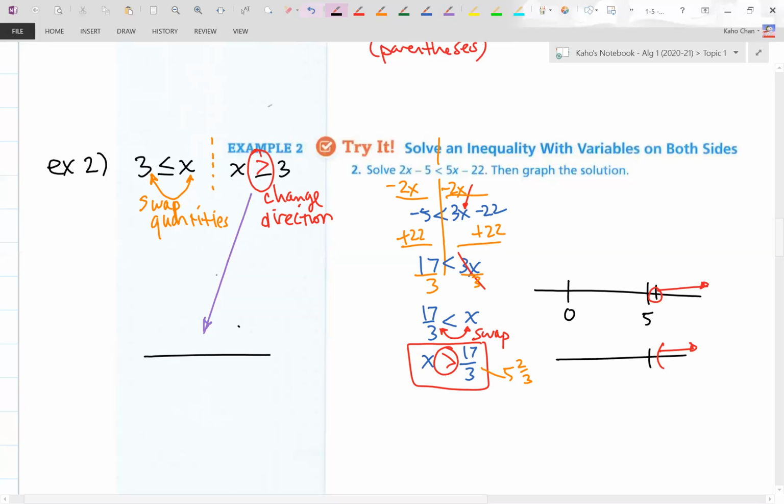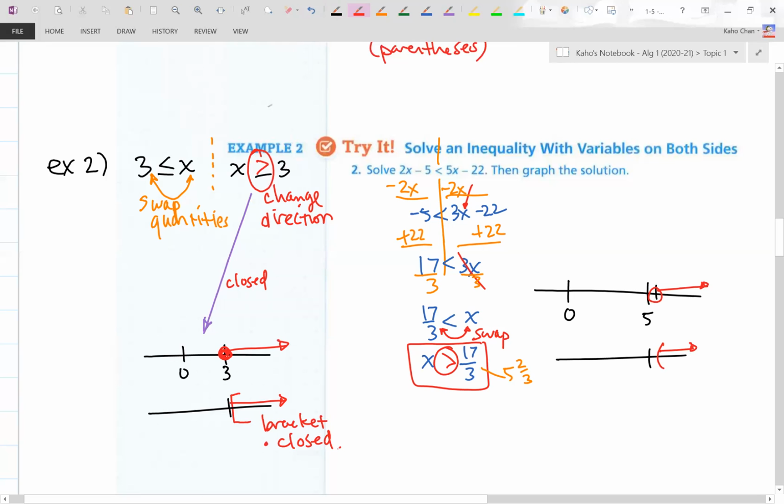At 3, closed circle, and to the right. Using the other symbol, we use something called a bracket to the right, okay, to represent a closed circle.